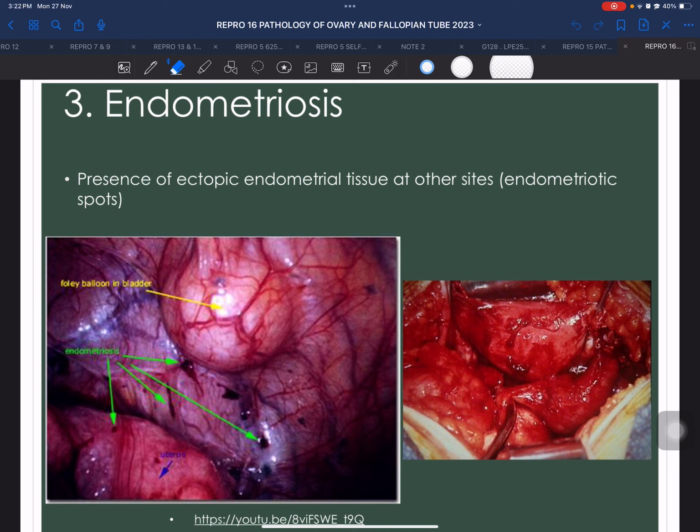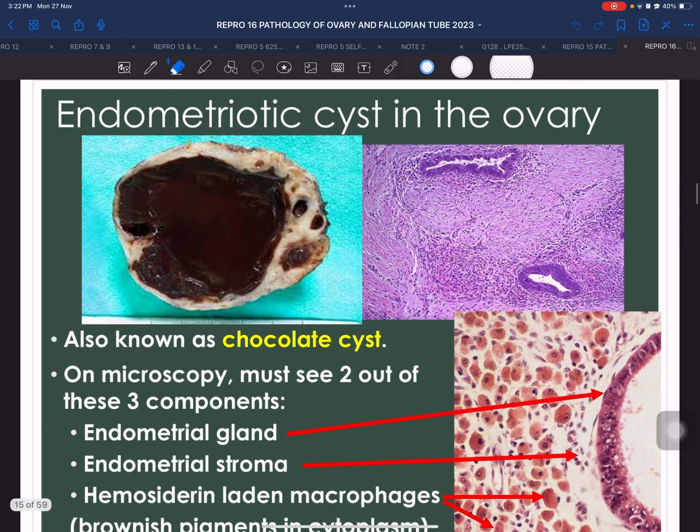Okay. So on microscopy, for you to diagnose that this is an endometriotic cyst, you need to see two out of these three components, which is the endometrial glands here. You can see glands, and surrounding it is the endometrial stroma. Okay, and then you see all these single cells with brownish pigments inside them.